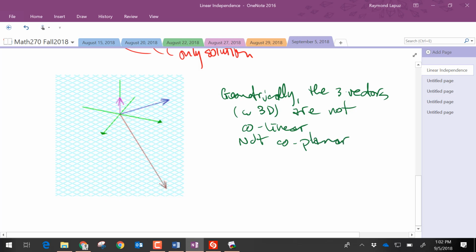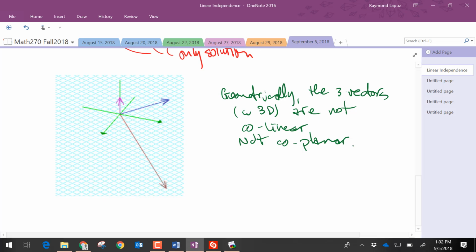You know what I mean by coplanar, right? They don't lie on the same plane. So they're not collinear, not coplanar, and then they would be linearly independent from each other.